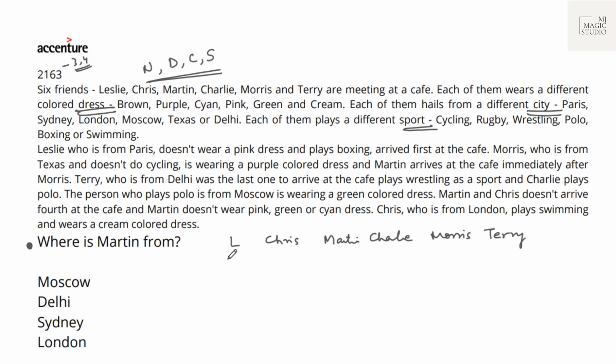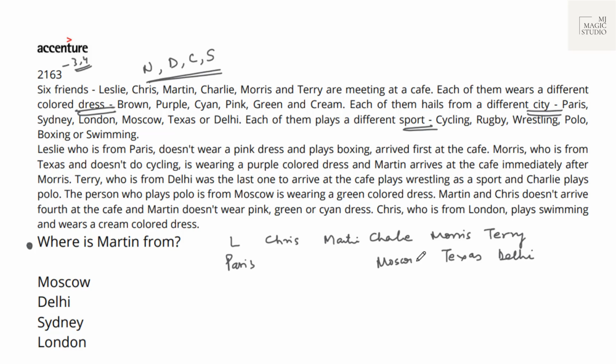Leslie, who is from Paris. Paris doesn't wear a pink dress, and so on. Morris, who is from Texas. Morris is from Texas. Does not do cycling. Martin arrives at the cafe after Morris. Terry, who is from Delhi. Okay. Or the last one to arrive, Charlie. Charlie plays polo. The person who plays polo, that is Charlie, is from Moscow.